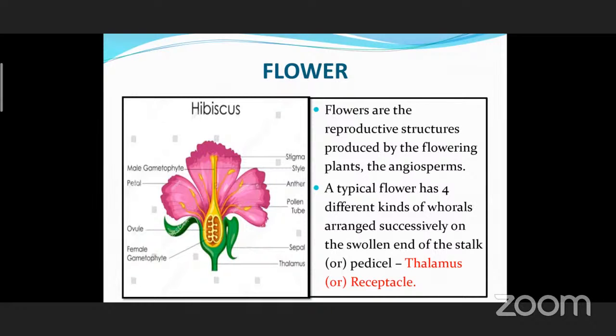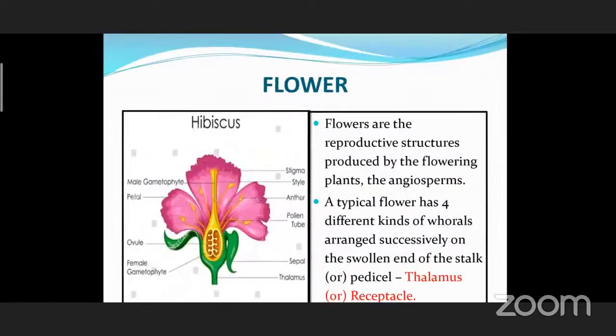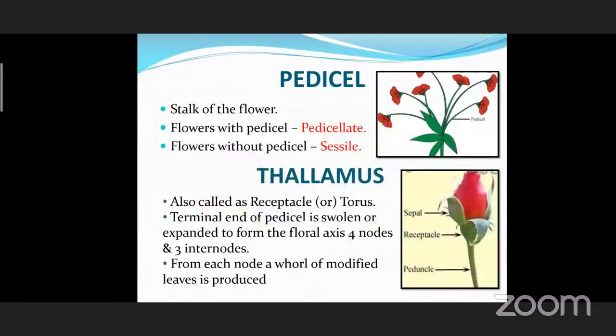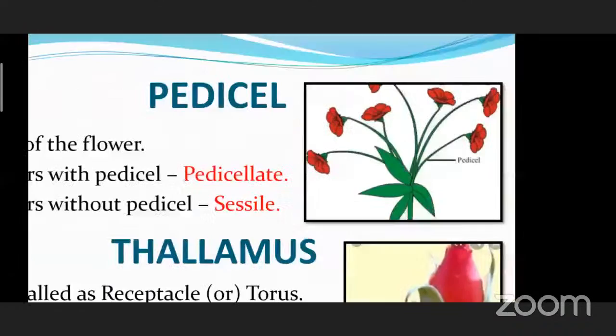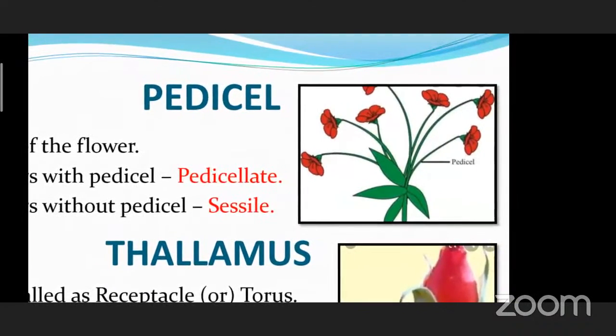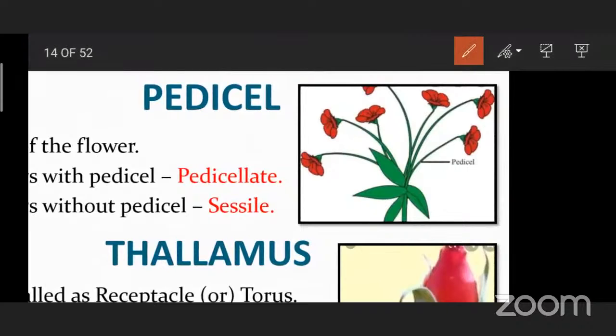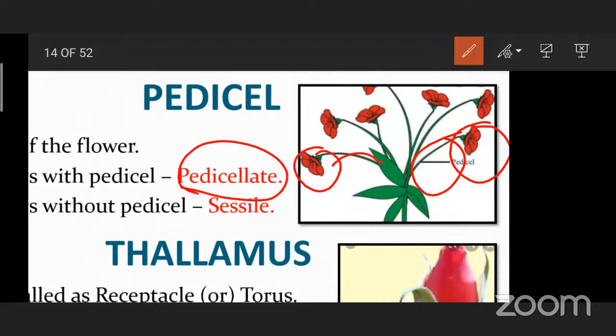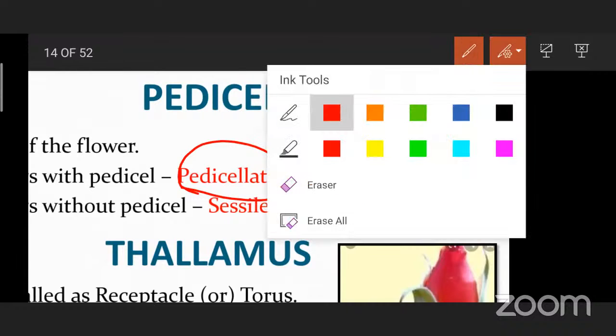Already in the last class we have learnt what is pedicel. See here, this is pedicel. The stalk of the flower is known as pedicel. Flowers with pedicel are known as pedicellate flowers. Without pedicel they are known as sessile flowers.